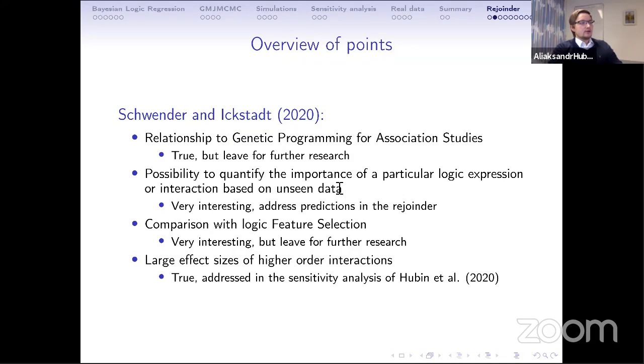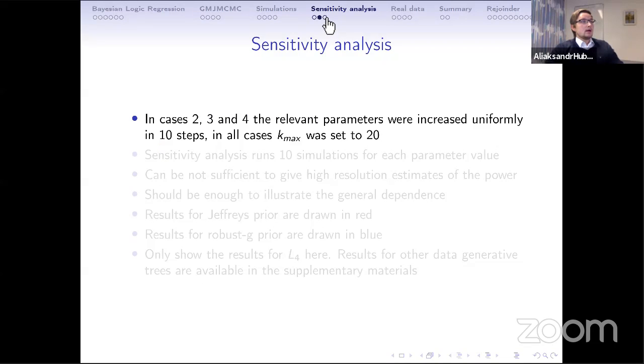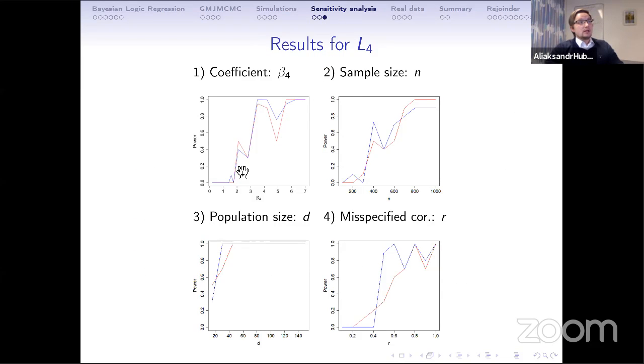Finally, regarding the large effect sizes, this is something that we have already discussed today in the sensitivity analysis. As we can see here, we need to have enough power or strength of the signal in order to at all have these trees detectable. And this can be achieved by setting a large effect size.